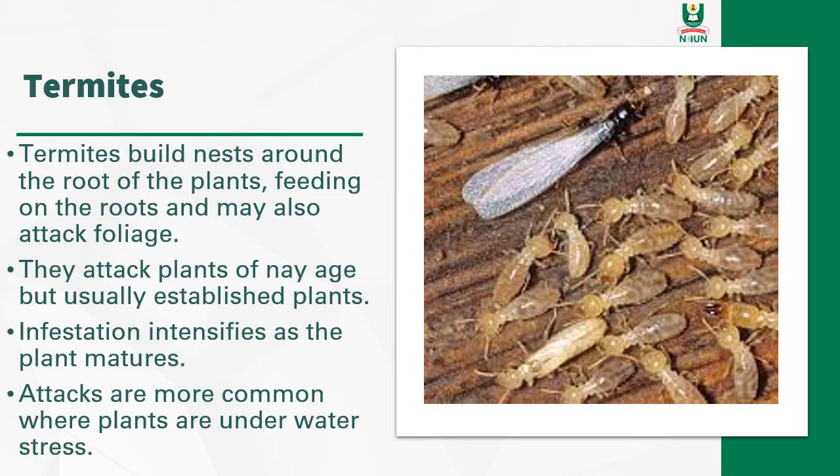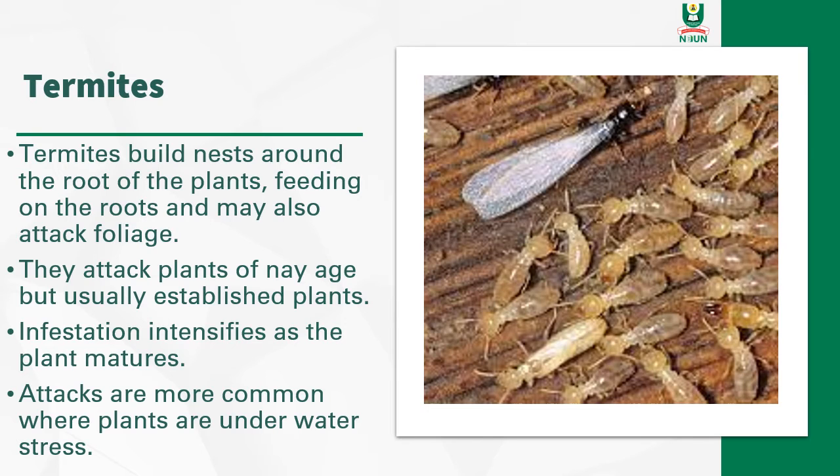Now another pest of cowpeas is the termites, and termites build their nests around the roots of plants, feeding on roots, and they also attack the foliage, which is the leaves of the plant. Okay, this is what termites look like in this picture over here.